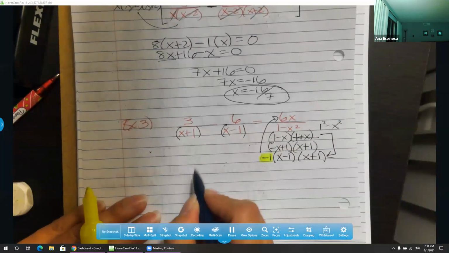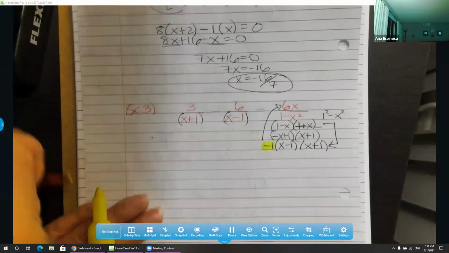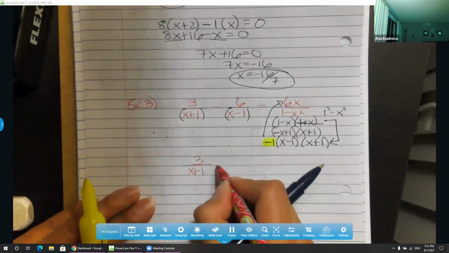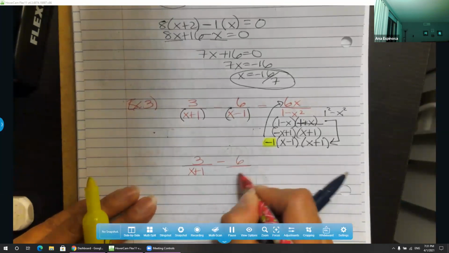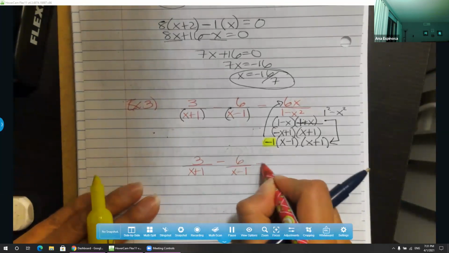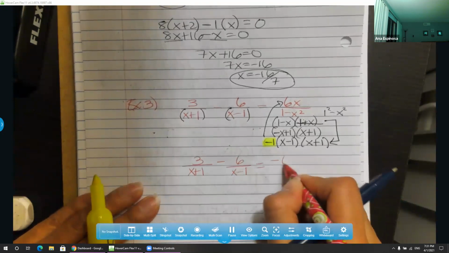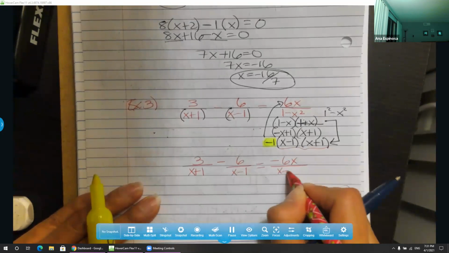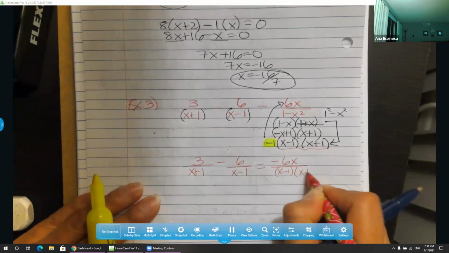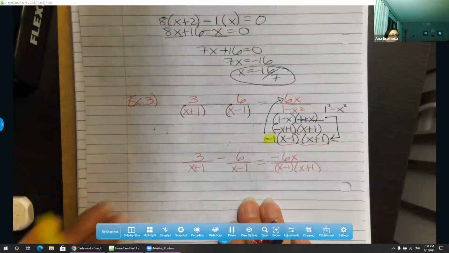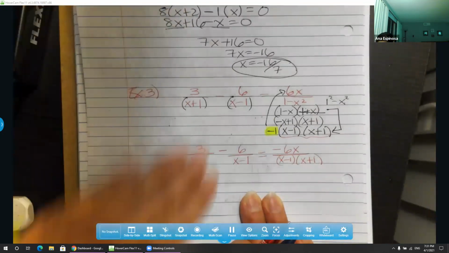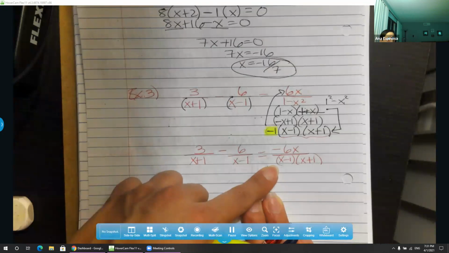So I can write this down: 3 over x plus 1 minus 6 over x minus 1 equals negative 6x over x minus 1, x plus 1. See that? I moved this negative up. Now I don't have an extra thing in the denominator.